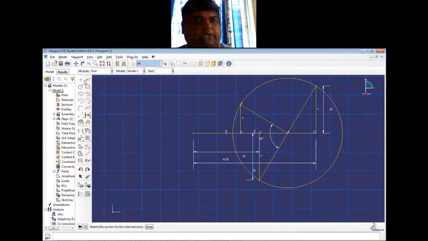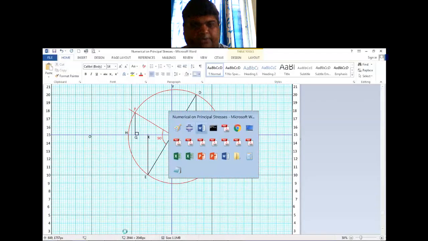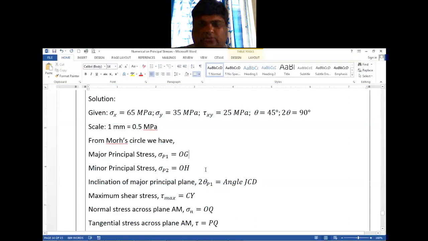Okay, I cannot do that. I'll just draw another line from here. I should be able to do it. So from this point to this point, this is 79.15.